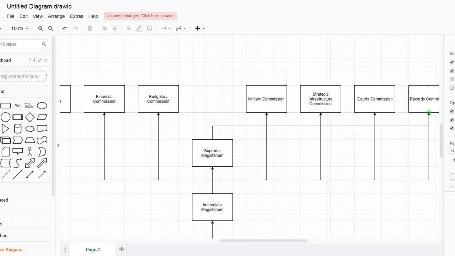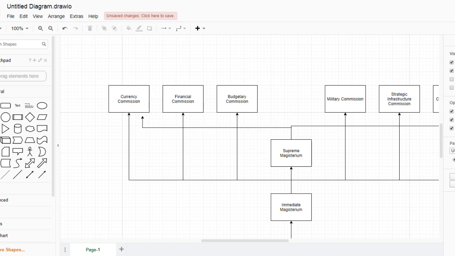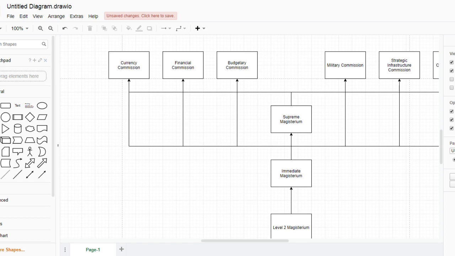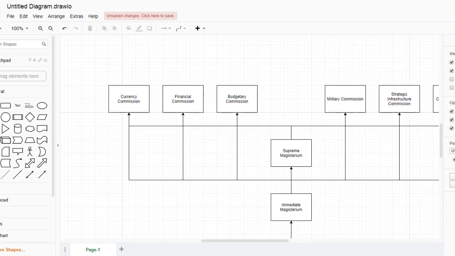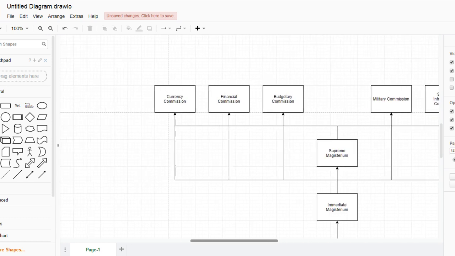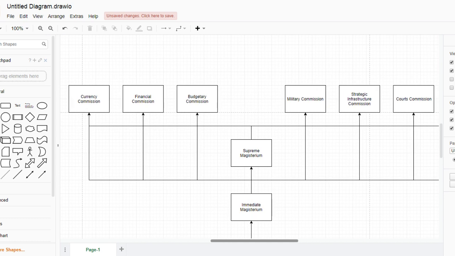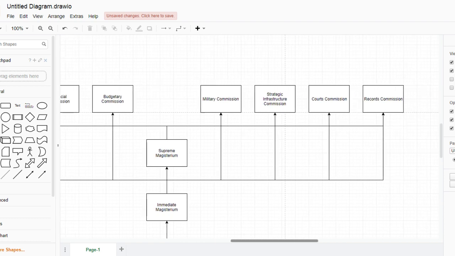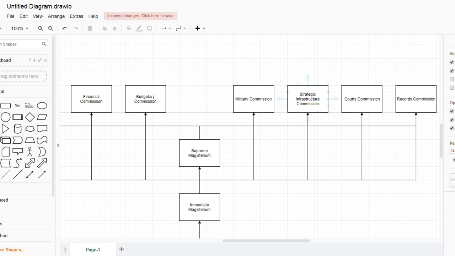But other members of the commissions are elected by the immediate magisterium. And certain types of activity within the commissions require a vote by all the members. Other activities can simply be accomplished through the activity of the leader. For example, the military commission, the leader of that is the commander-in-chief of all the armed forces. So he's got a certain power of command.